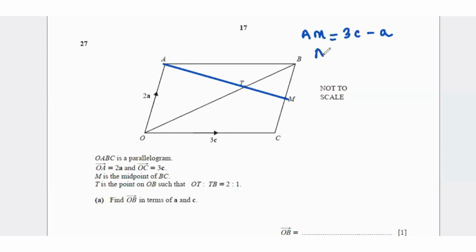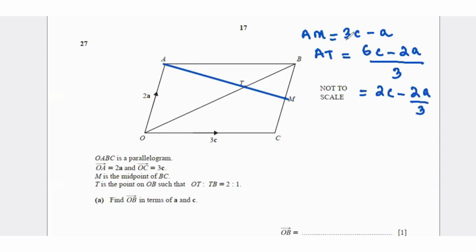And if you look at AT, AT was 6c minus 2a over 3. So now if we simplify this, we will have 2c minus 2a over 3, right?